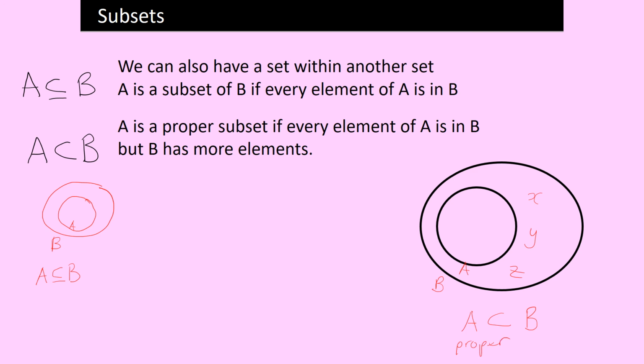In the first example, there aren't necessarily elements in B that aren't in A, so A could equal B. But in A being a proper subset of B, A is not equal to B.